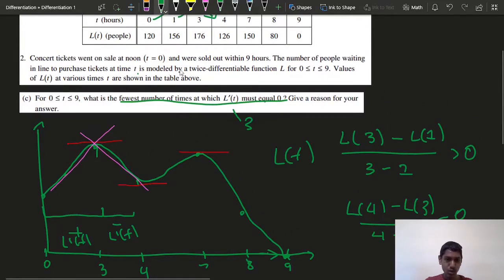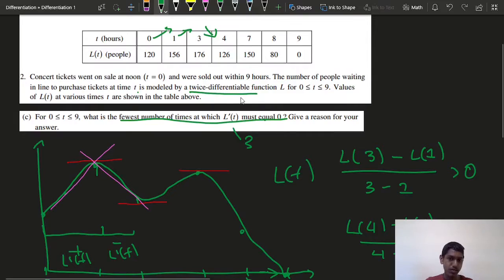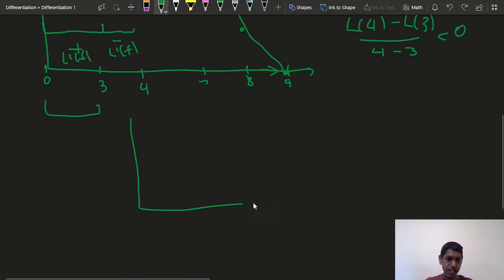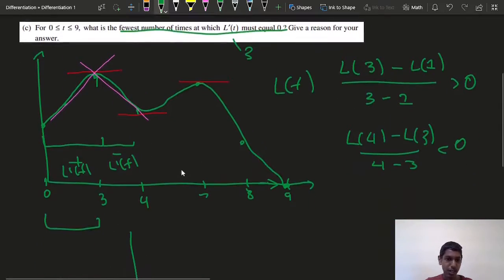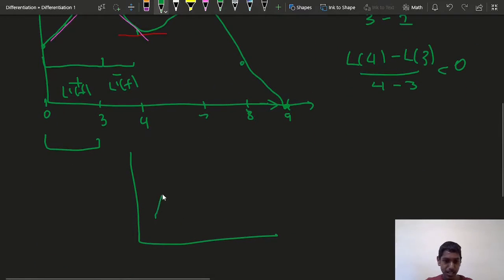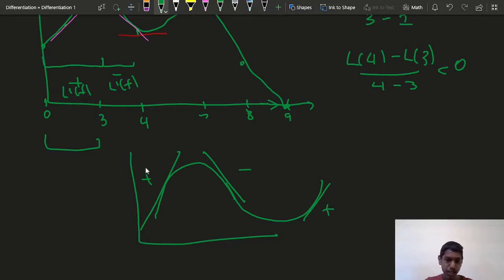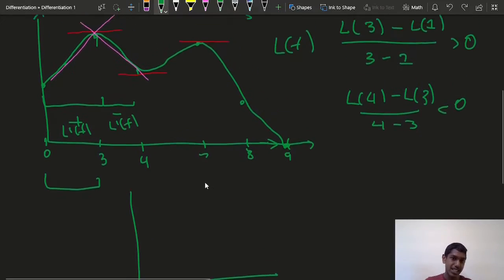So okay, that's cool and all, but intuitively we need to sort of prove that there's going to be a transition from increasing to decreasing, right? Because generally we know L is twice differentiable, so it's continuous. And when you're drawing a continuous and differentiable function, if you're going from a positive to a negative slope, or even from a negative to a positive slope, just drawing it will quickly lead you to realize that there needs to be a point where L'(t) is 0, as long as L'(t) changes signs somewhere.